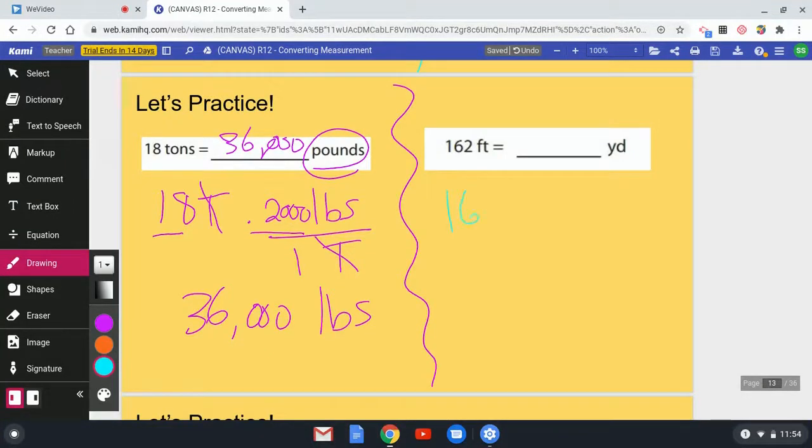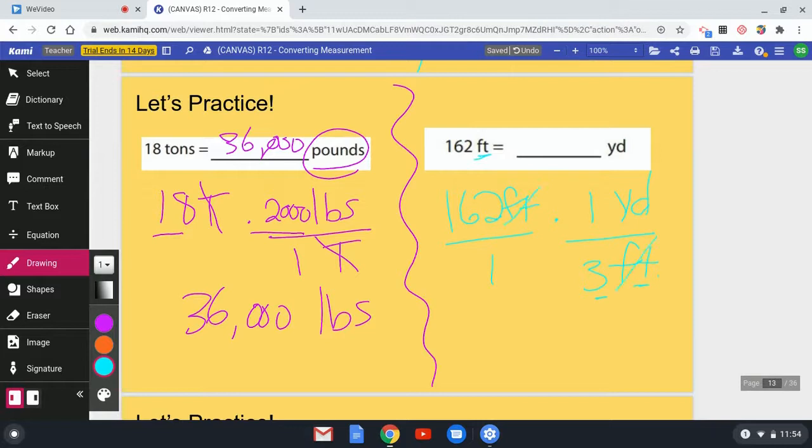Start with 162 feet. Times it by, remember, put what you're looking for on top. And this first label on the bottom. What do you know about feet and yards? Well, we know there's 3 feet in 1 yard. Make sure that the 3 goes with the feet here.